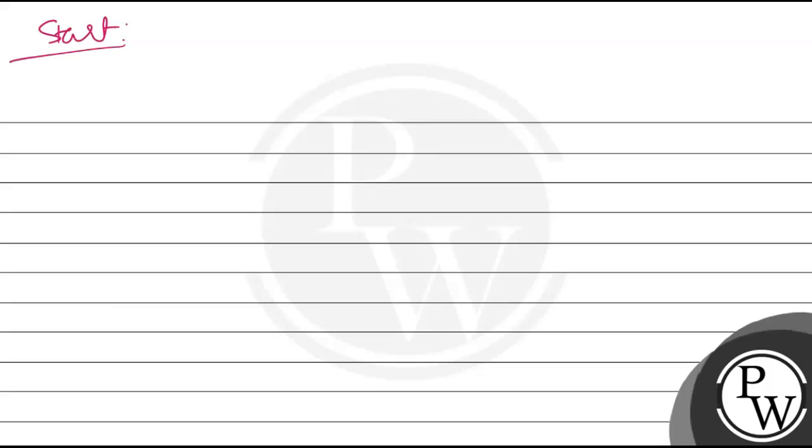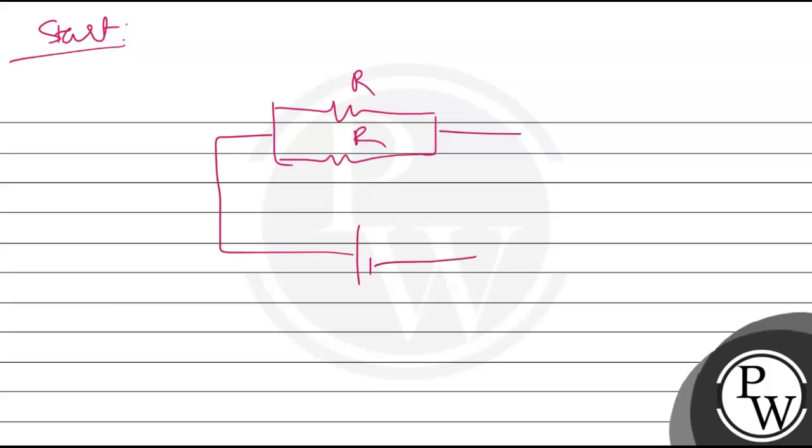In the question, we are given two resistors which are identical but connected in parallel. They are put across a battery of voltage V naught and the current through the battery is I. Let us suppose the current through this branch is I1 and through this branch is I2.